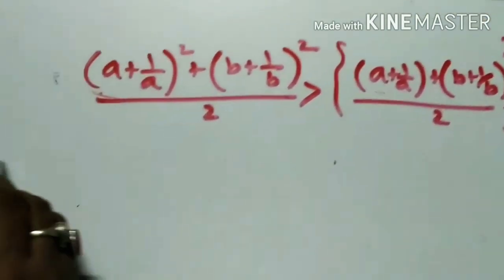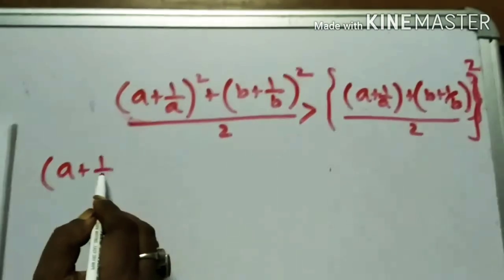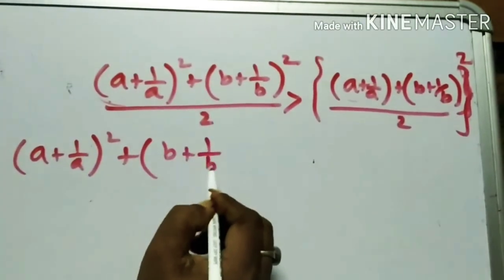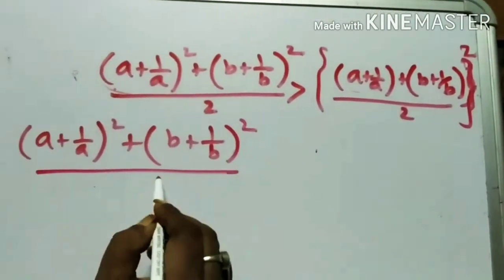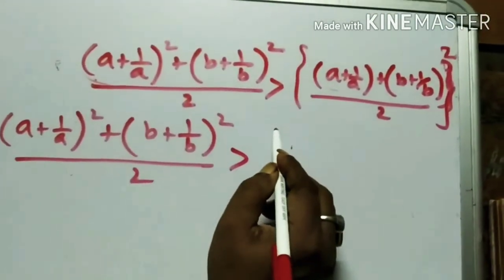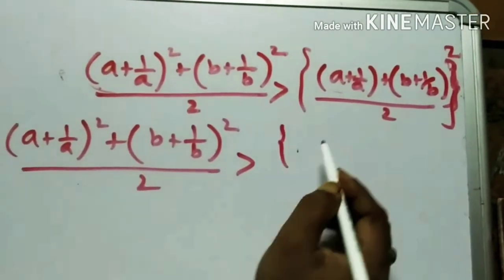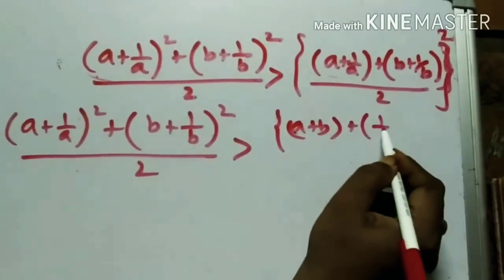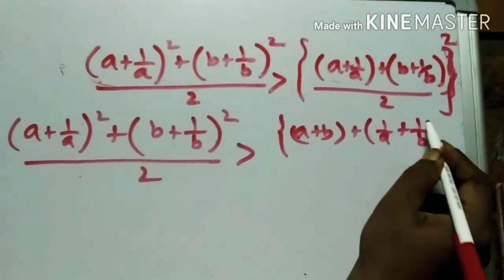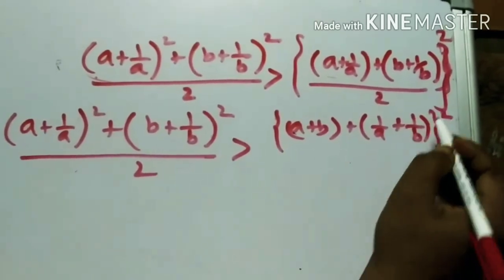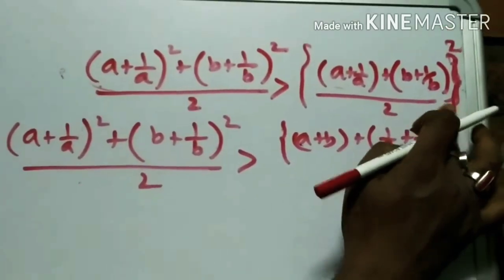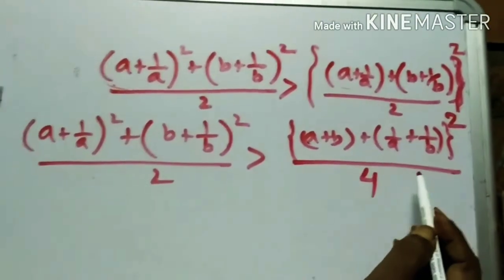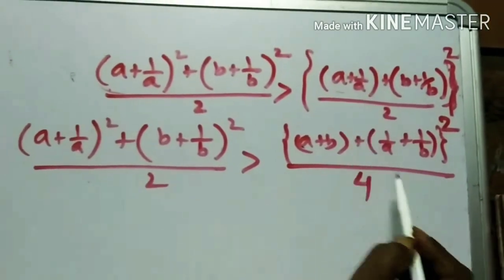So now this becomes ((a + 1/a)² + (b + 1/b)²)/2 greater than, I can write this as ((a + b) + (1/a + 1/b))²/4. I can write the above statement like this.